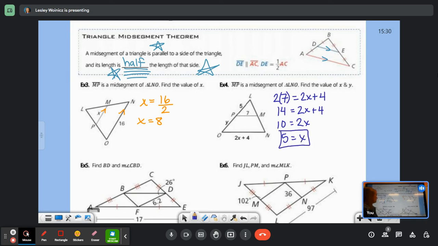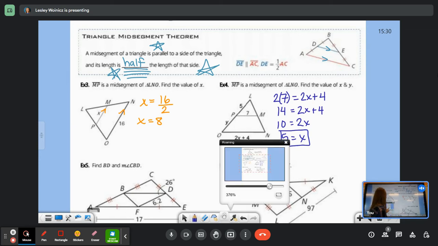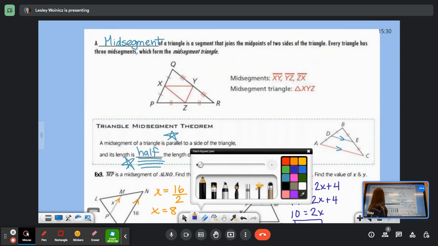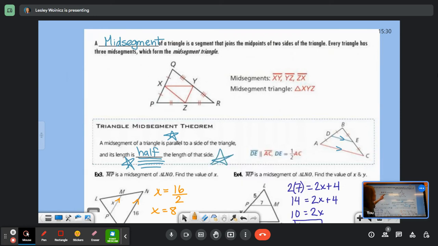All right, let's go back up to the definition of a midsegment really quick. Remember that the midsegment joins midpoints. This is really important.